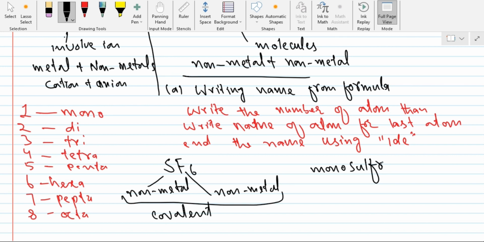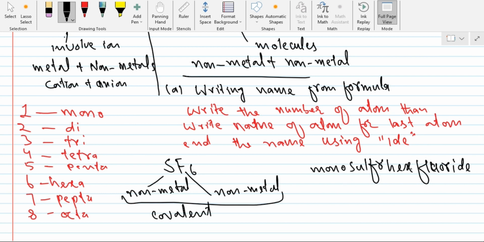Then how many fluorine atoms do we have? 6. 6 refers to hexa, and the last atom should end with IDE, so fluorine will end as fluoride. So the name is monosulfur hexafluoride.